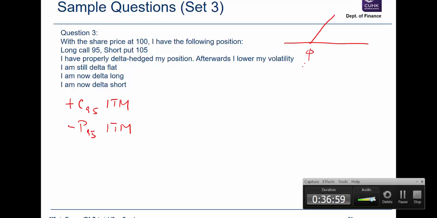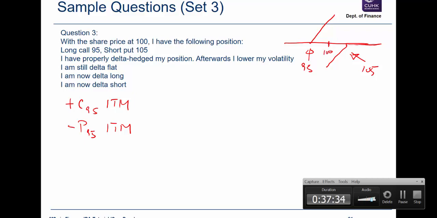So here's 95, here's 105. Now if you're long a call and you are short a put, you don't really have a position. And right now the price is 100.